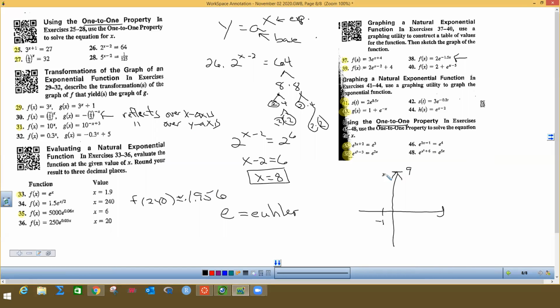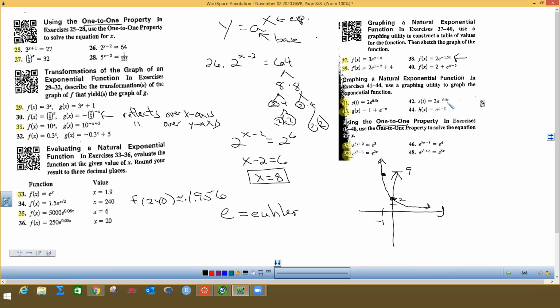It was right below that. And then 0 gave me a 2. So down here, I would go up to 2 and put a 0 there. And again, the horizontal asymptote is still the x-axis, but this one is decreasing. So that's how you graph those, and that's where you find the table.